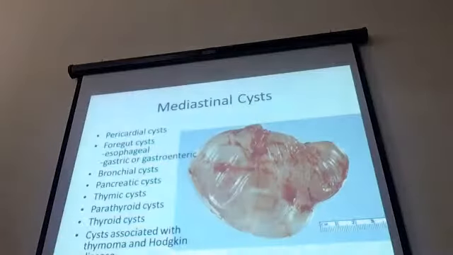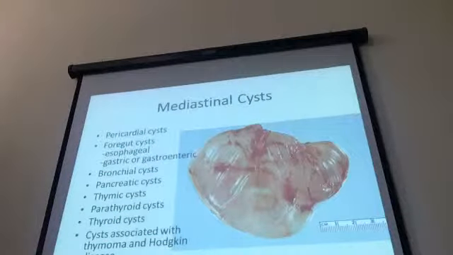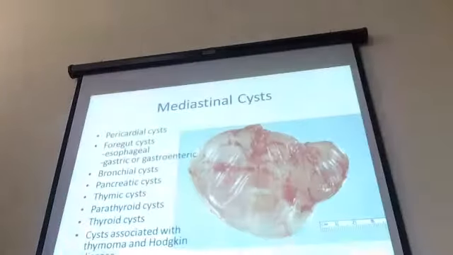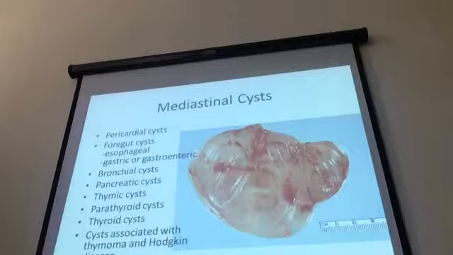We can have cysts related to the branchial cleft apparatus, thyroid, or parathyroid that involve the superior mediastinum. And then sometimes cysts can be associated with thymoma or even Hodgkin's disease. And these may be thymic cysts, like the one that we just saw.